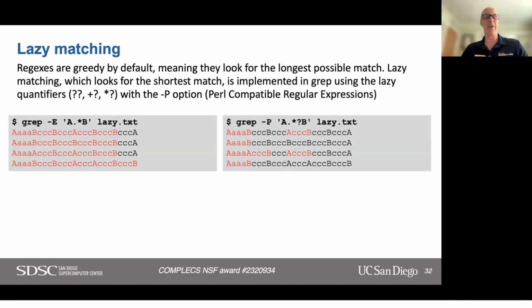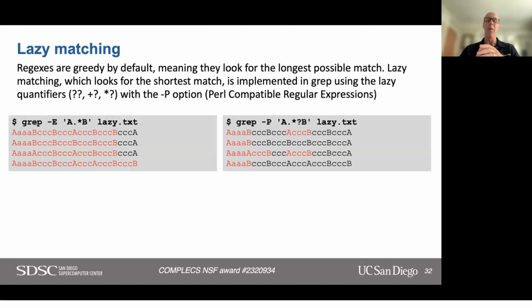Okay, lazy matching. We talked earlier about how regexes are greedy by default, meaning that they look for the longest possible match. Lazy matching looks for the shortest possible match, and it's implemented in grep using the lazy quantifiers, pairs of question marks, plus question mark, asterisk question mark, and with the -P option for Perl compatible regular expressions.